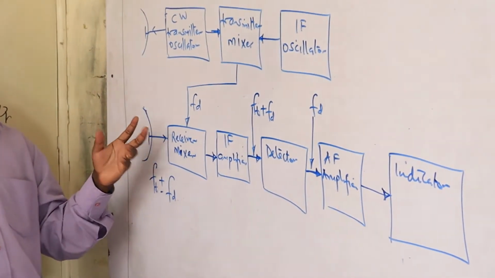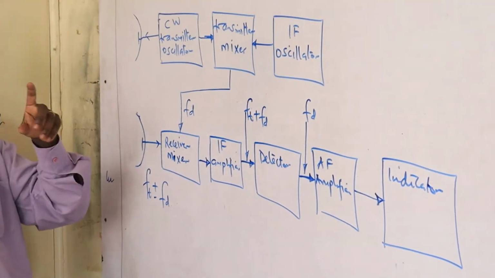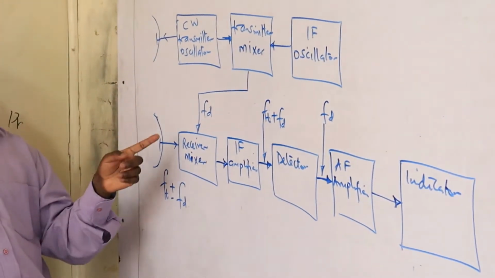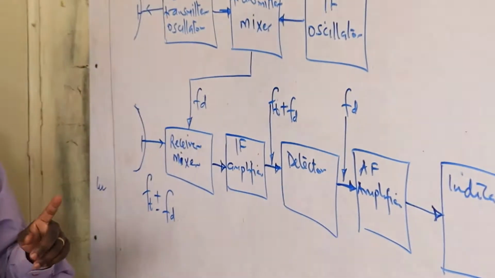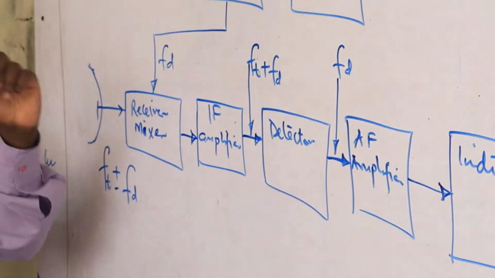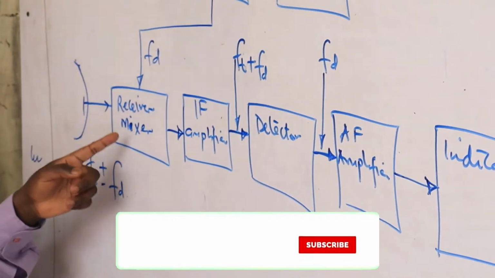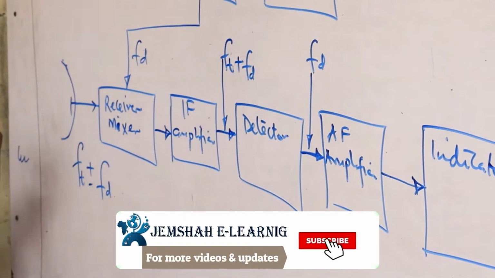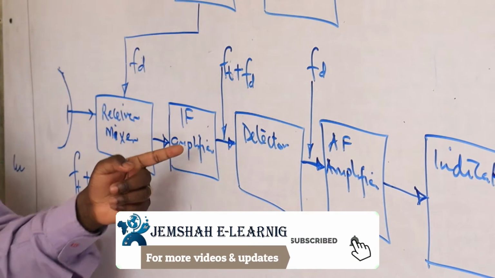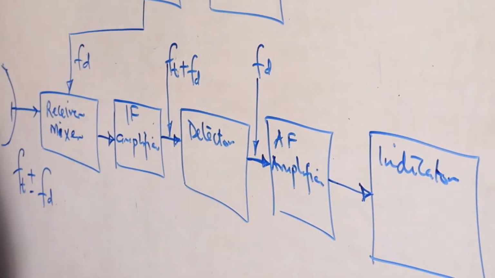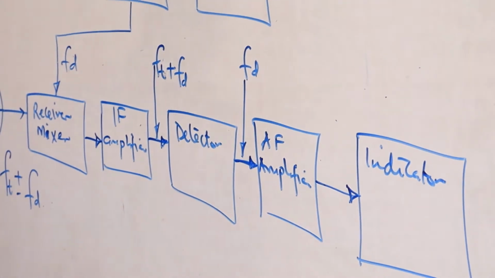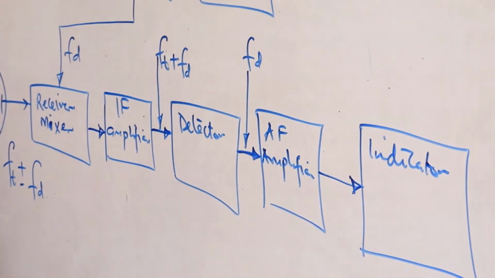Whatever we need to understand is that in this continuous wave Doppler radar, the continuous wave transmitter produces pulses continuously. But at the same time, the transmitter mixer has to feed the receiver mixer so that we get the difference that is actually detected and amplified to indicate the position of the radar. So we are going to understand this.